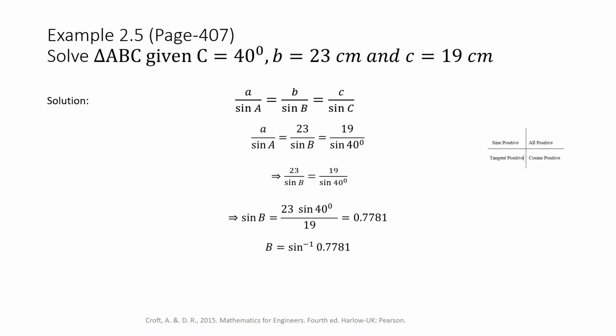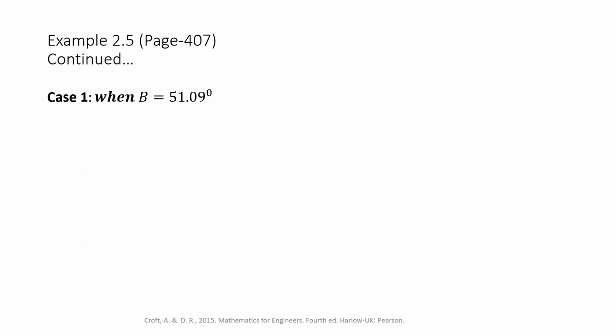Well, sine is positive in the first and second quadrant, so B can be this, and another B can be 128.91 degrees. This is for the second quadrant. Well, case 1, because both are possible.